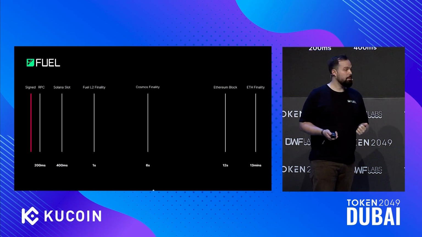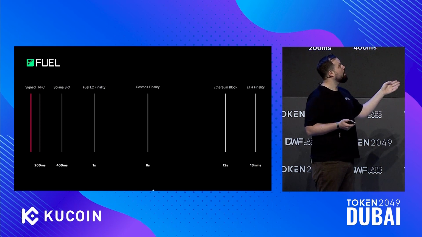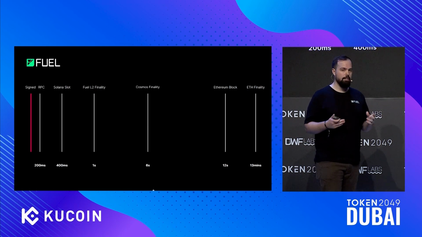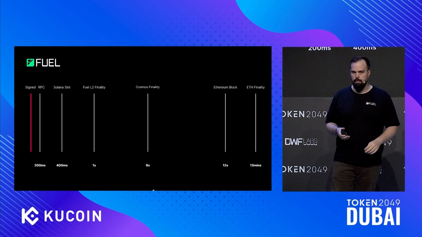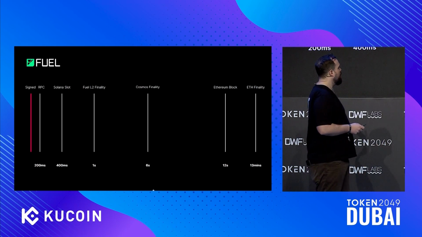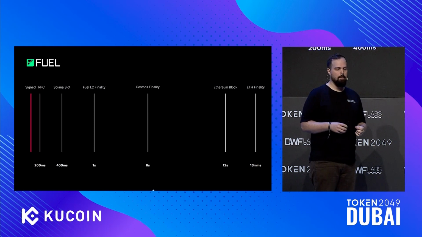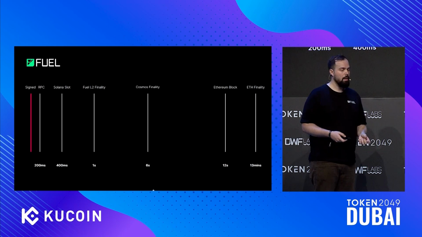Fuel, my project, our layer 2 finality sitting at around 1 second. Cosmos finality sitting at around 6 seconds. Ethereum block times at 12 seconds, and Ethereum finality at around 13 minutes and two epochs, something like that. So there's a sort of wide spectrum of time that means different things for different users on different blockchains presently.